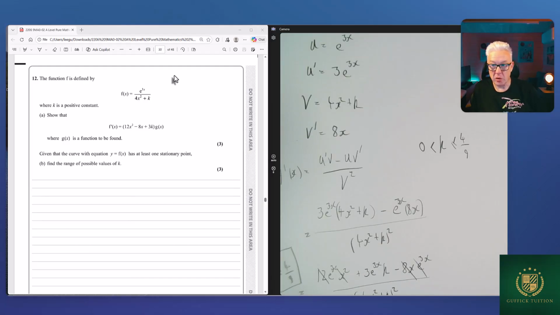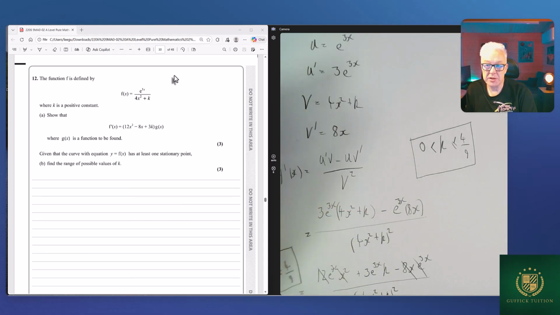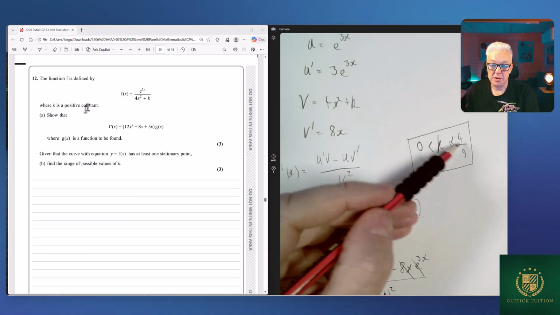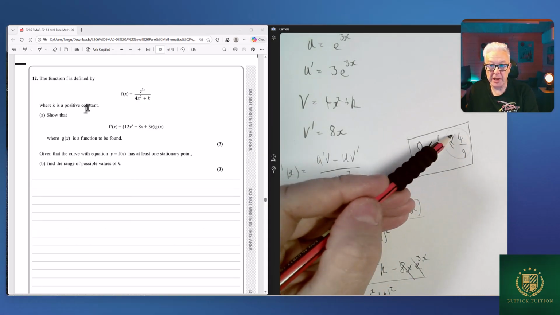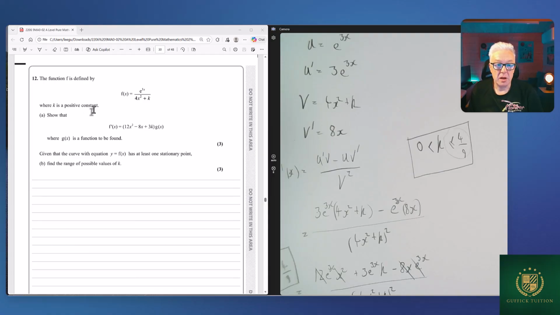You may be wondering where k is greater than 0 comes from? That just comes from the question, because they tell us that k is a positive constant. So if the condition is it must be less than or equal to 4/9, then it must be greater than 0 because k is a positive constant.